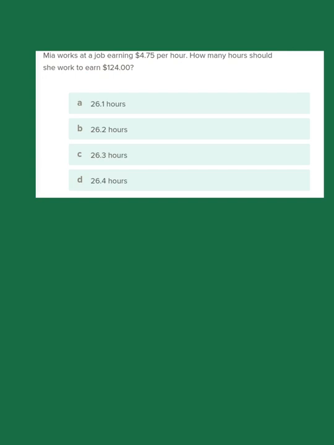Well, this is a division problem. And this is what I mean when I say it's a division problem. First of all, Mia earns $4.75 per hour. In this problem, I'm going to let H represent the number of hours that Mia is going to work.